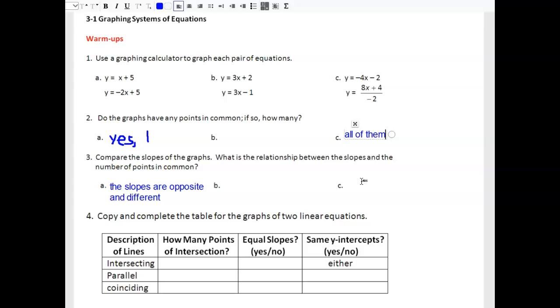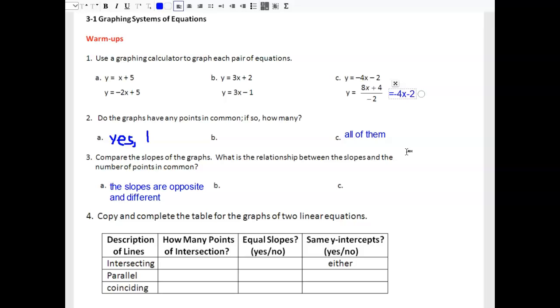Compare the slopes of the graphs, what the relationship is between the slopes and the number of points they have in common. Well, if you simplify the second equation, we see that it is equal to negative 4x minus 2.